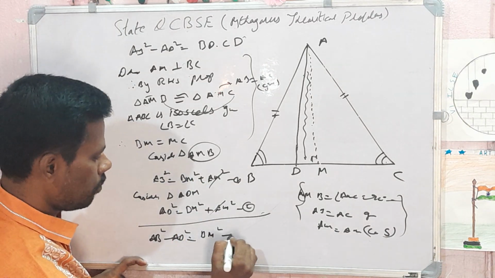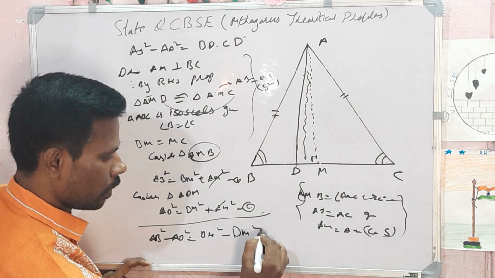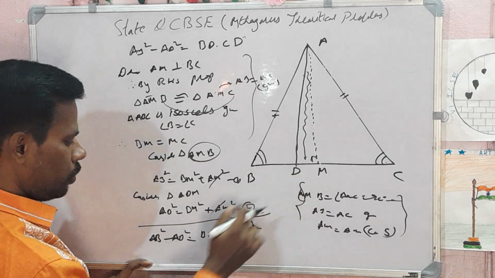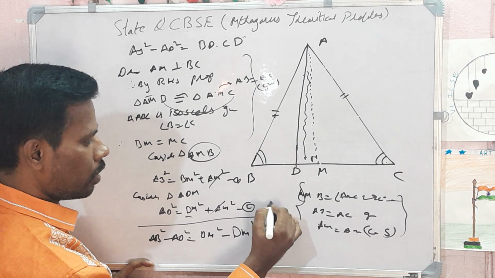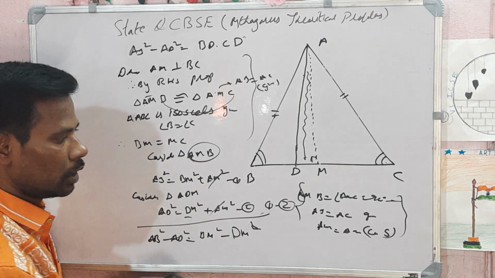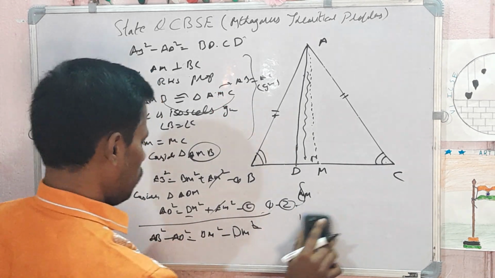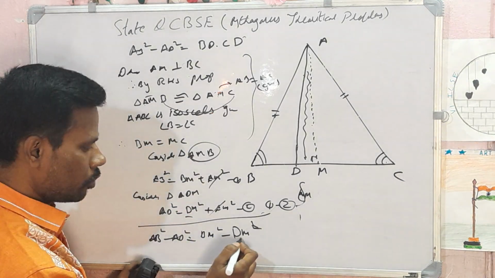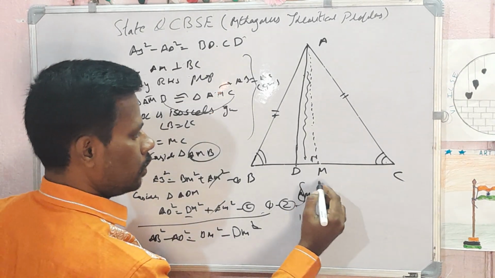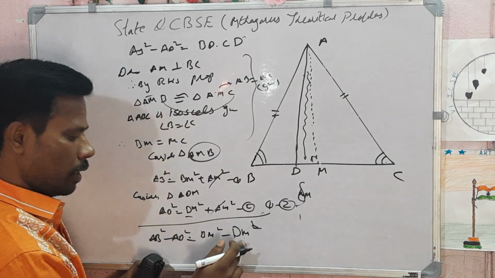So BM square minus DM square. Subtract 1 from 2. You write down the steps. Now this LHS is over. We concentrate on BM square minus DM square.